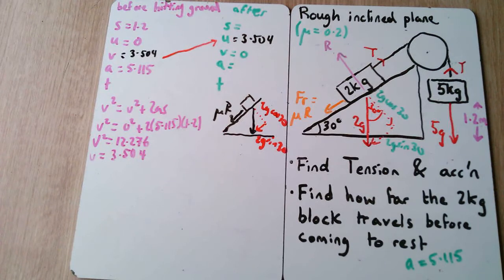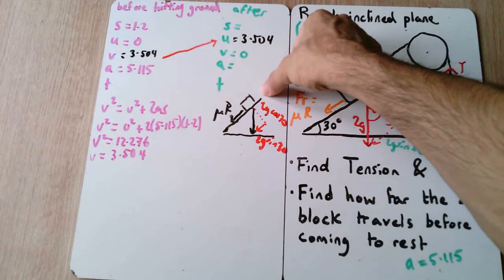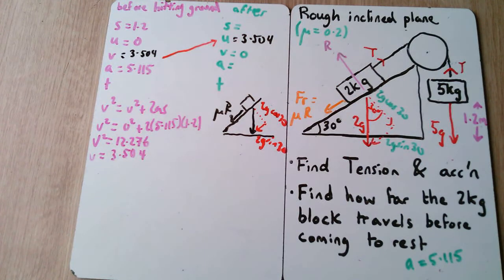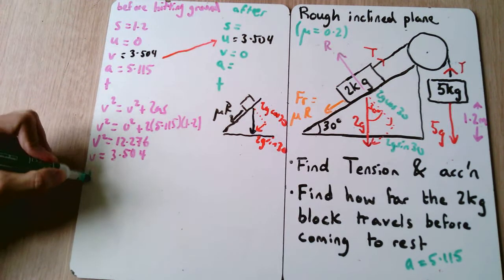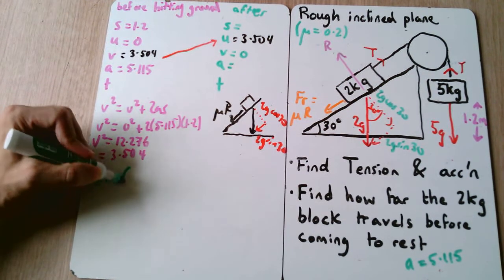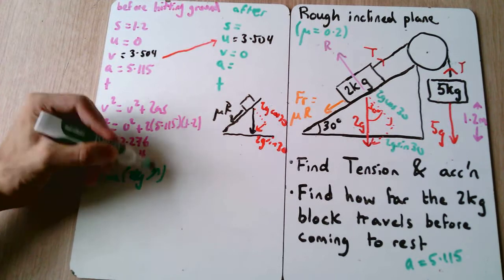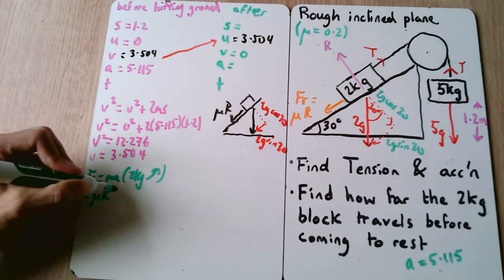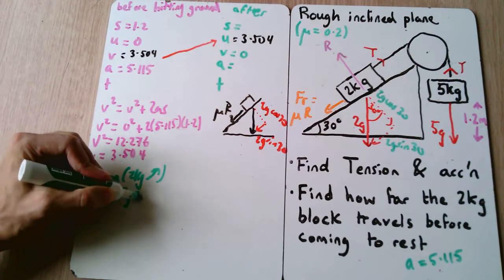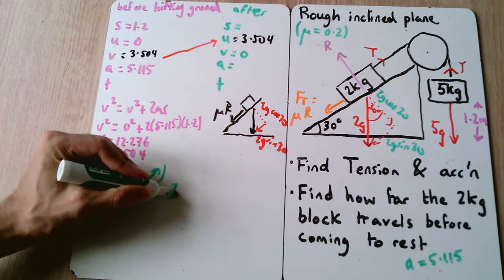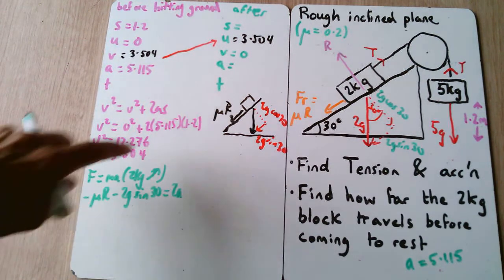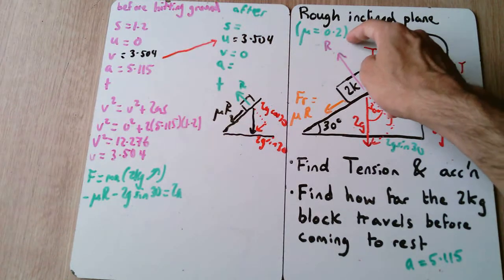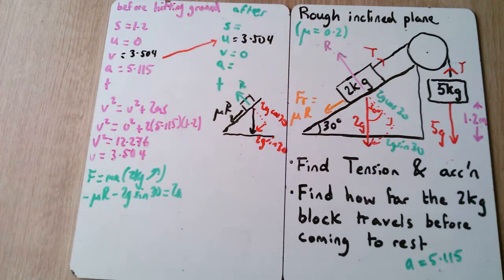And what this means is now, if we look at F equals ma on this particle, it's still moving up the slope. So if we apply F equals ma after the particle hits the ground, so this is F equals ma on the 2 kg up the slope, and this is after, which is why it's in green, we can write minus mu R minus 2g sine 30 is equal to 2a. Now mu and R haven't changed. The reaction force here is still equal to 2g cos 30, and mu is still equal to 0.2.